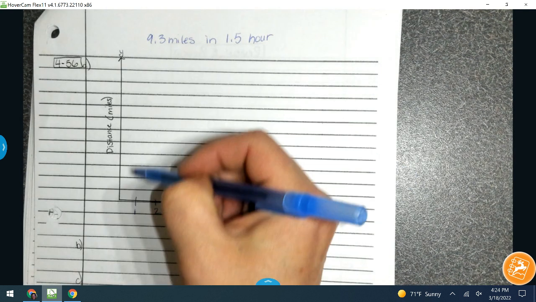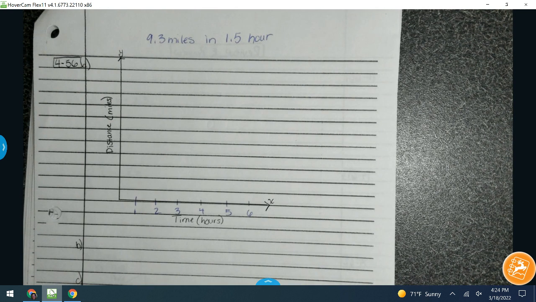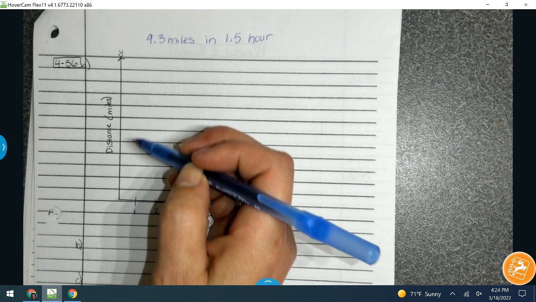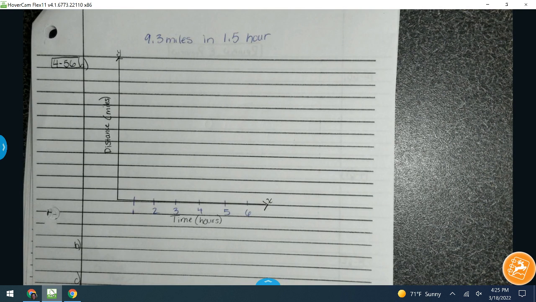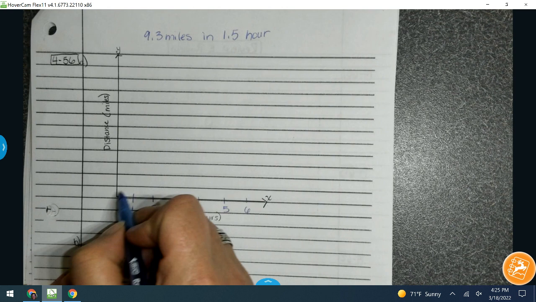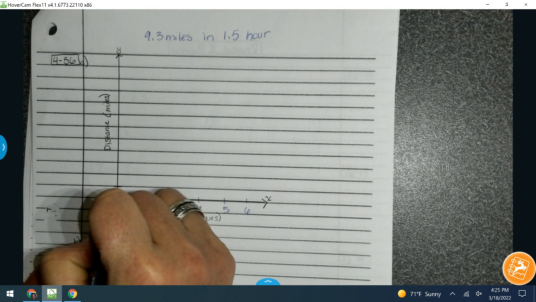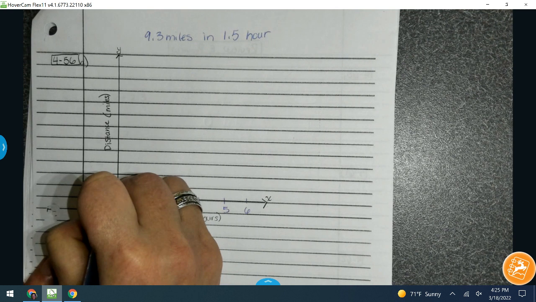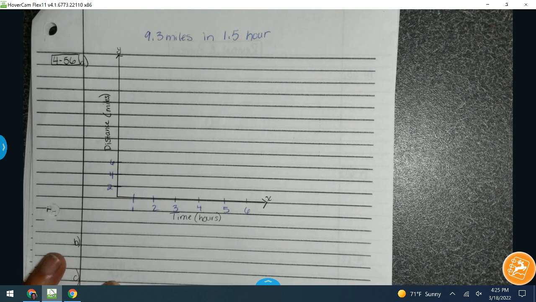Over here on this side, because we have 9 3/10 miles, I'm going to do this one not by ones, because otherwise I'm not going to be able to put more than 1 point on there. Let's do it by 2s. 2, 4, 6. Hopefully you can see that.